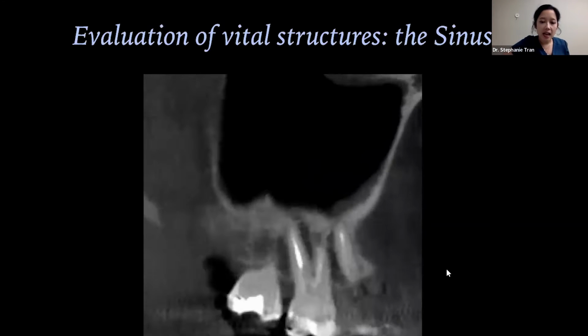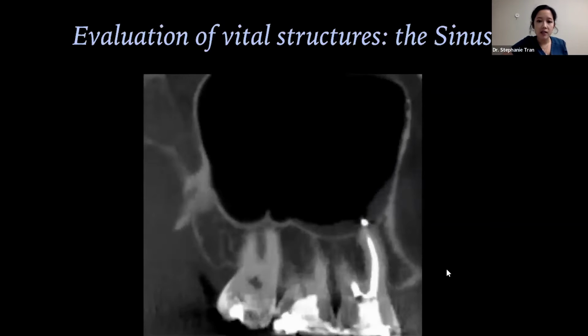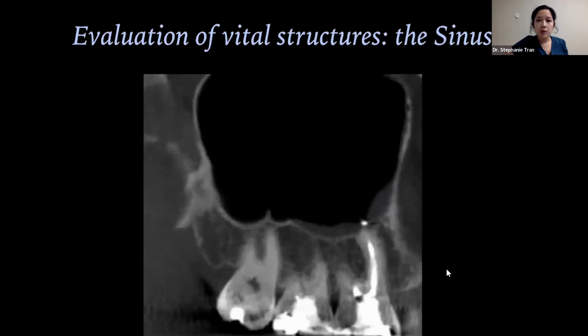That gray is actually the mucosal lining of the sinus, and a lot of times we're looking for mucosal lining thickening. Certain areas that are very thick in that lining, if associated with the tooth, will look like a blob over the apex of the tooth. That's a sign of inflammation, or possibly that the tooth is the cause of a certain area of inflammation.